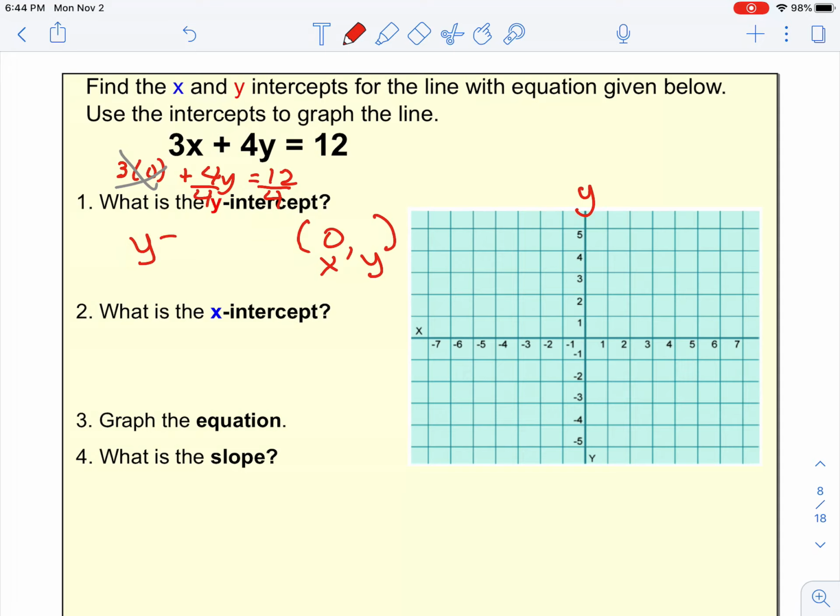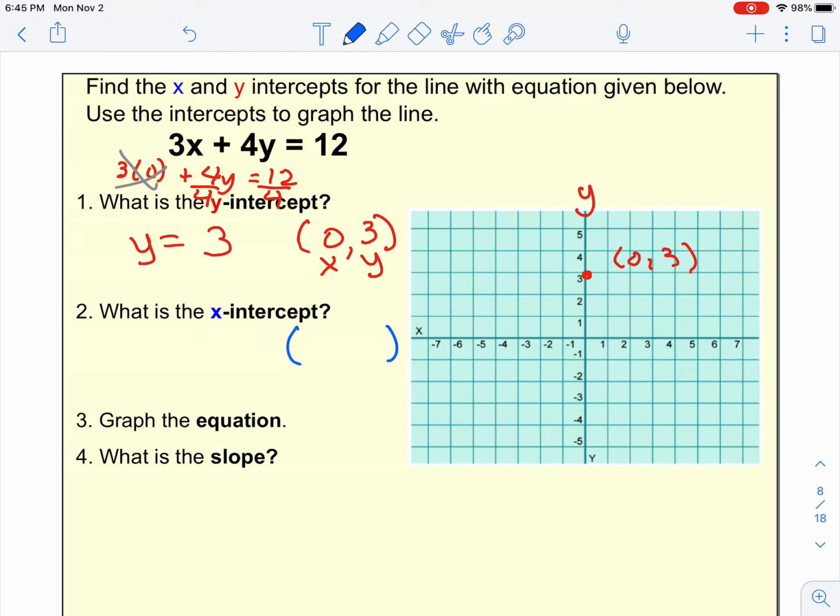So I can just divide each side by 4, and that gives me my y value is 3. So my y-intercept is 3, or the ordered pair 0, 3. The y value when x equals 0 is 3.